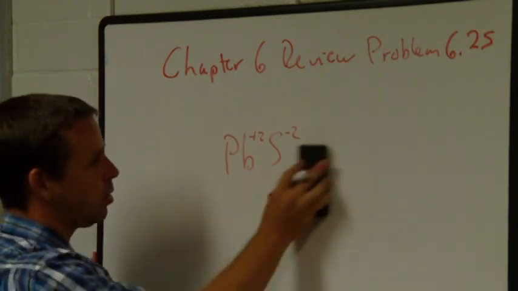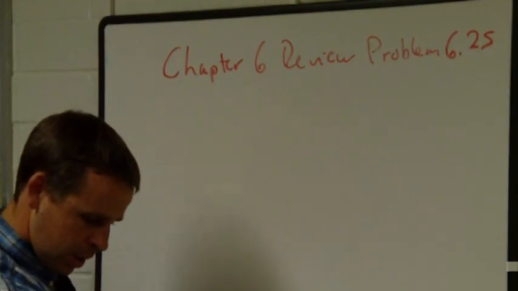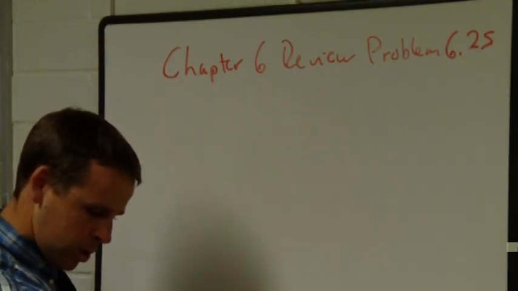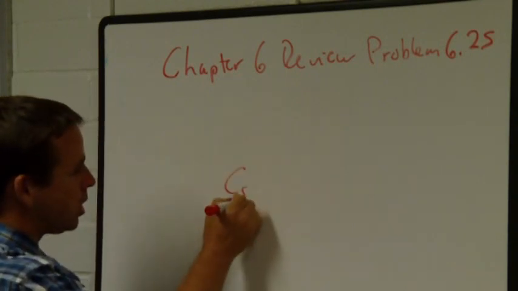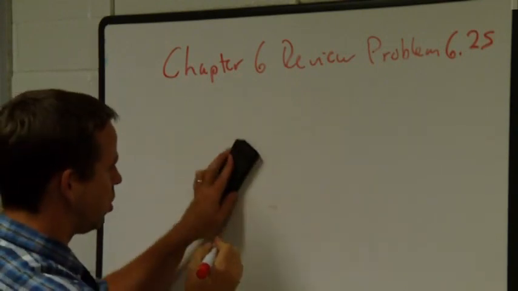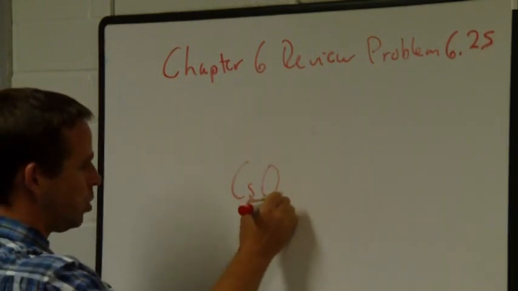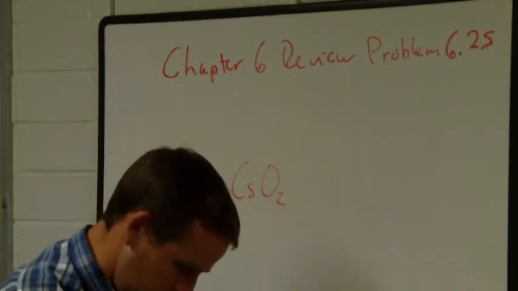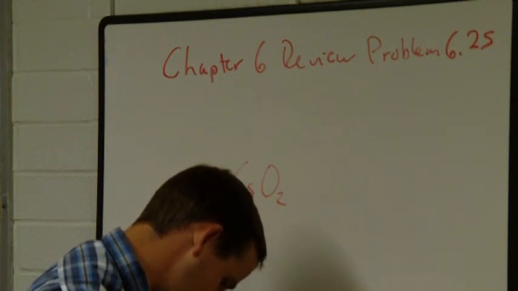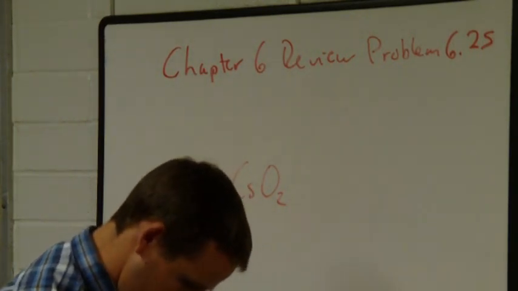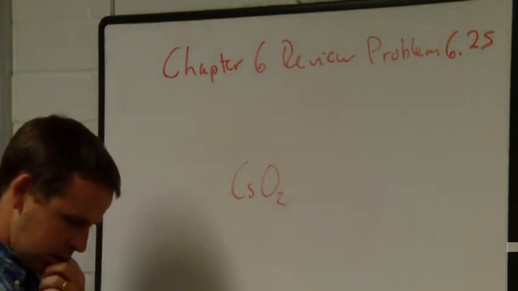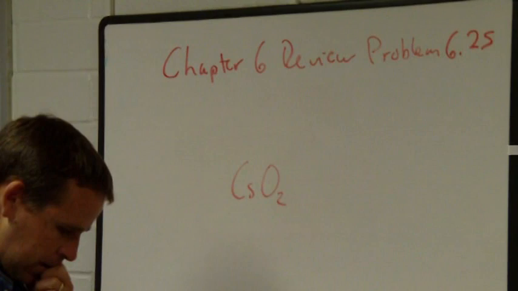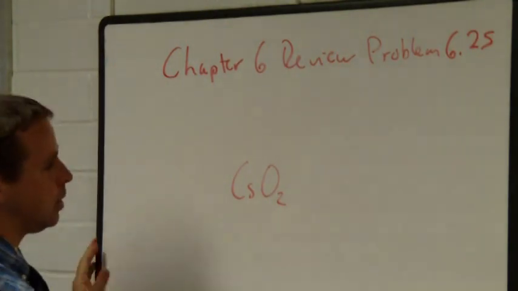Cesium oxide, ionic compound. Cesium has a +2. Oxygen has a, no, cesium has a, let's see, Cs O2.